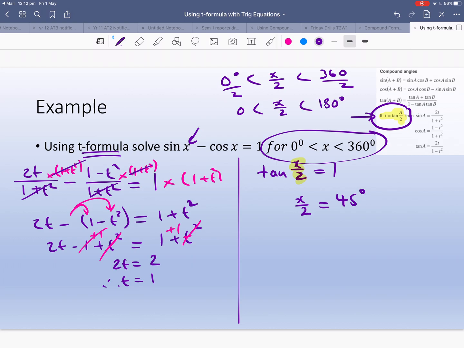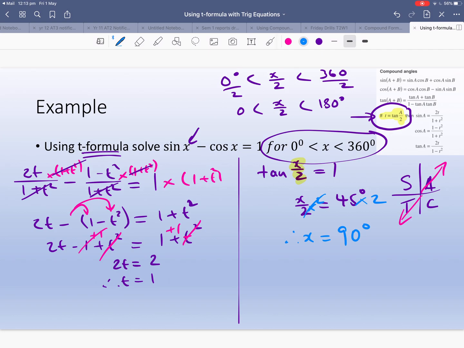So we're only interested in this quadrant, because that's where tan is positive. Now you can see that we don't have another solution. So we can say, therefore, x equals, if we times both sides by 2, 90 degrees.